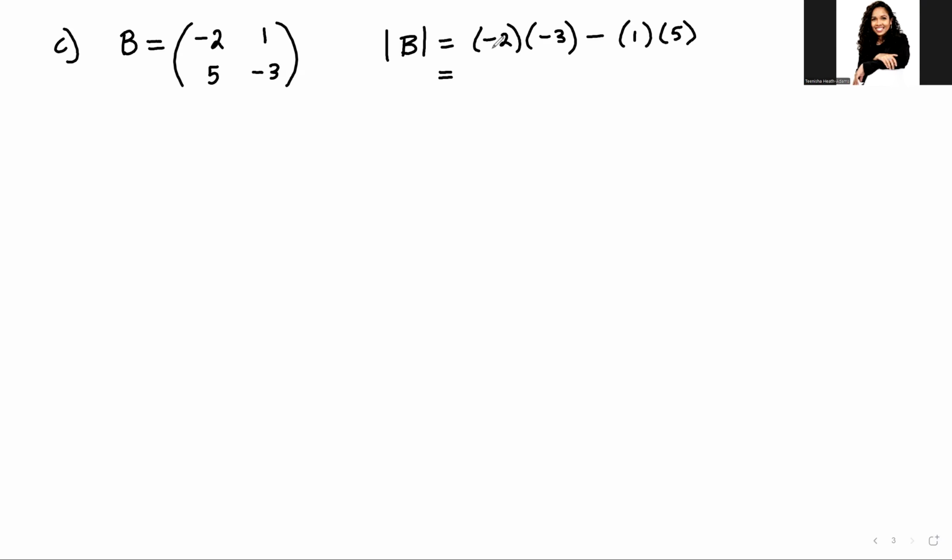So -2 times -3 is +6, minus 1 times 5, which is 5. So the determinant of B here is 1. And it is a non-singular matrix because the determinant is not equal to 0.